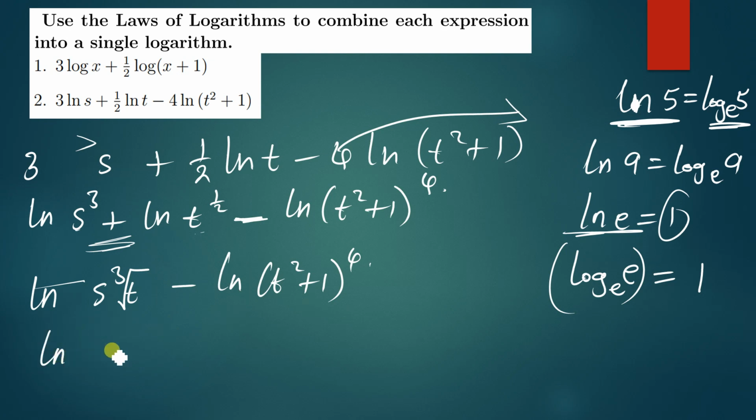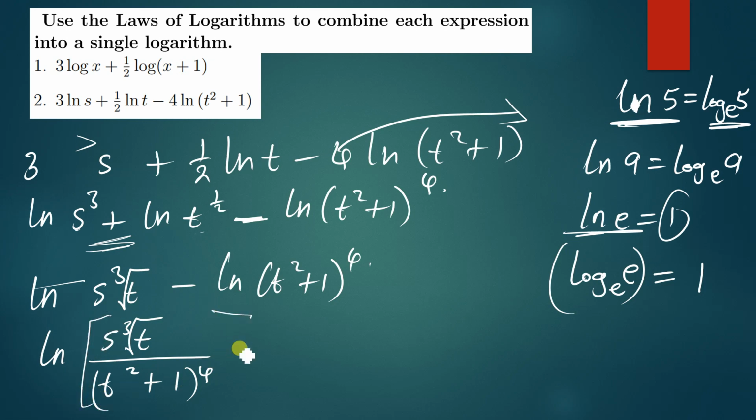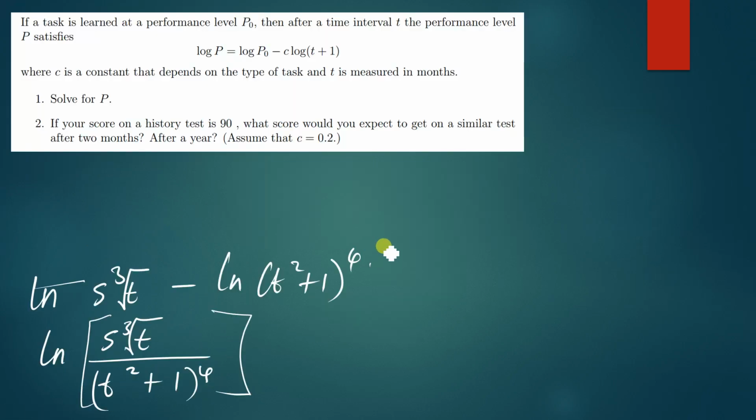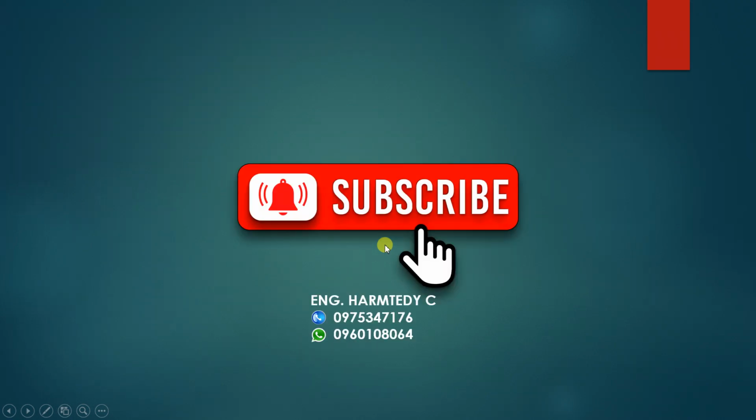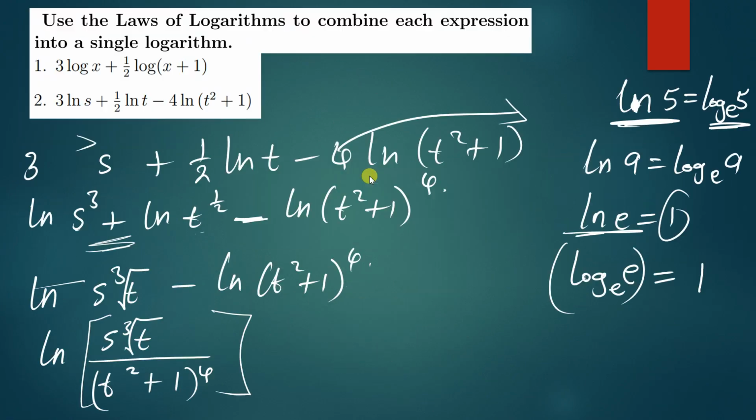So we have ln of s to the power 3 root t, and everything over (t squared plus 1) to the power 4. This is the simplest version of this question. It can't be simplified further than that.